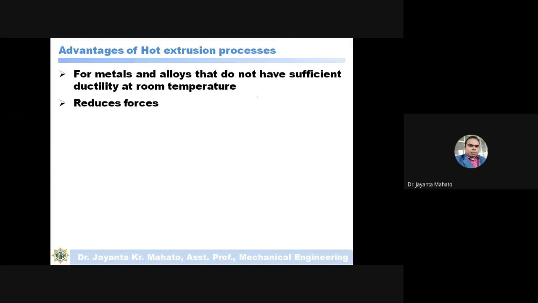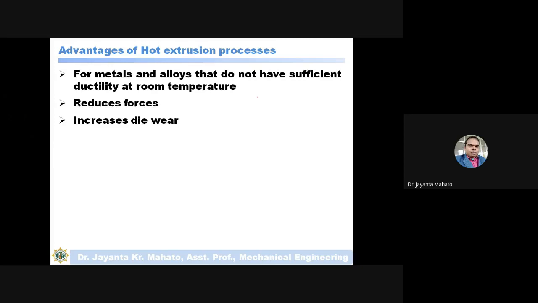So that's why above the recrystallization temperature, the deformability of the material gets easier, means it can easily deform. So less force is required in the hot extrusion process.